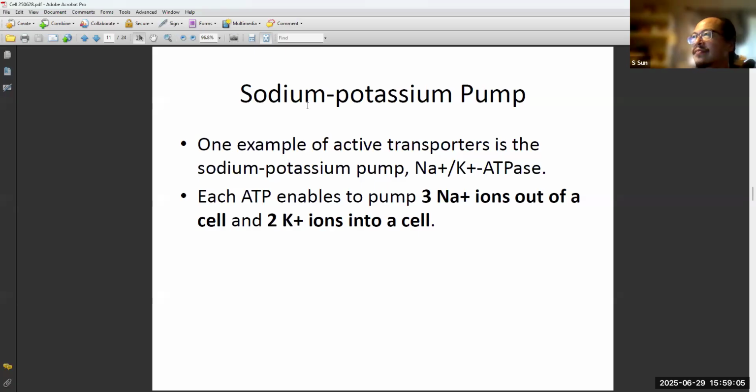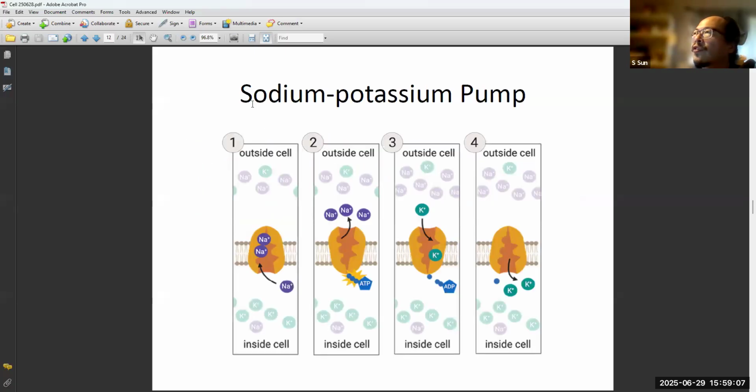So let's take a look. It's right here. For each ATP, for each energy that this pump receives, so this is outside the cell, this is inside the cell. It will pump 3 sodiums out right here. Let me highlight it.